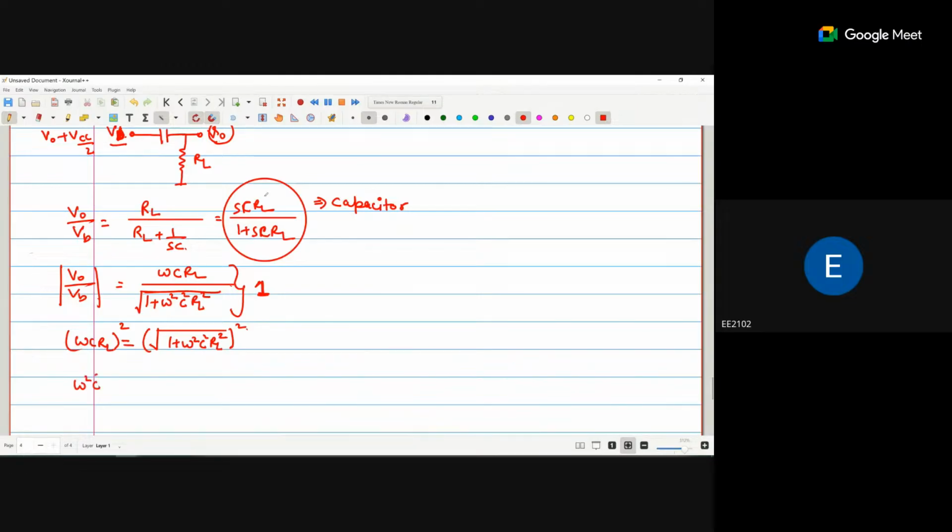So it is omega square C square RL square equal to 1 plus omega square C square RL square. That condition is only possible if omega square C square RL square is much greater than 1.